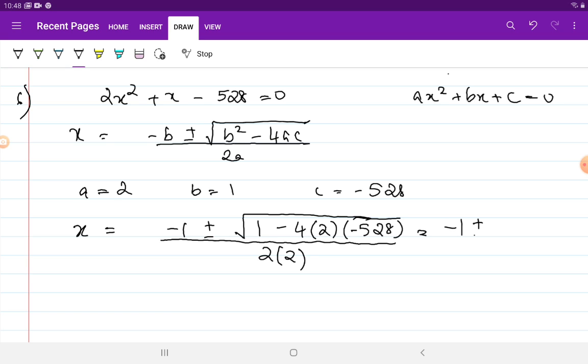So it's minus 1 plus or minus root under. So use your calculators. You will get this as root under 4225 divided by 4. So your x is equal to minus 1 plus or minus root under 4225 is 65 divided by 4.